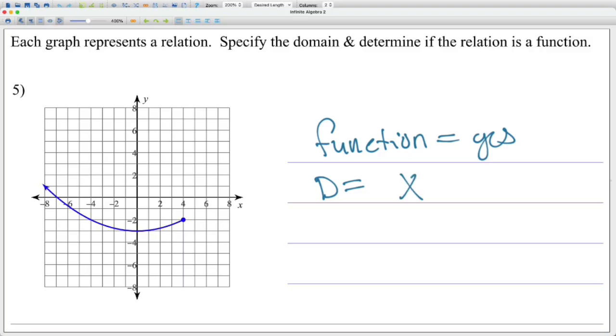We say that x goes backwards. Does it include 4? Yes, so it's less than or equal to 4. And why did I put the equal sign with a little line under? How do I know it does equal 4? Because it has the dot. If it had an open circle, it would not include it. They actually do it that way on purpose. The domain, and we need to put the little brackets like before.